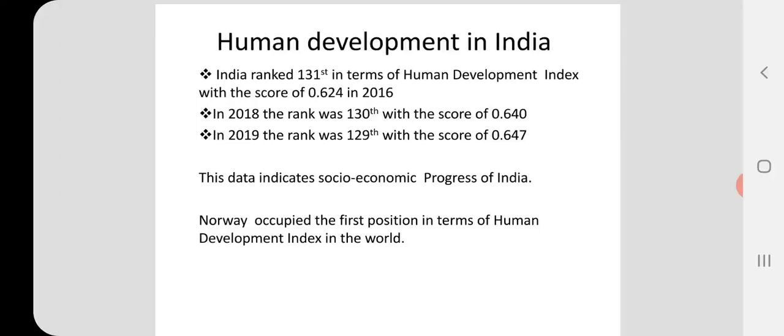Norway occupied the first position in terms of human development index in the world. So Norway is at the top in the Human Development Index list in reference to the world.